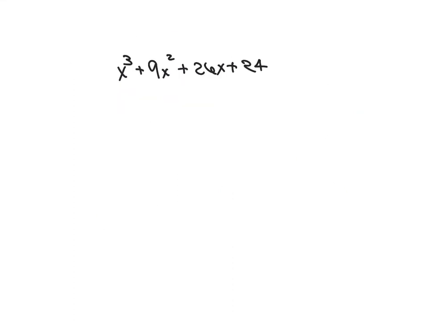Okay, so example 9. The first thing you're going to do is make sure you go 3, 2, 1, 0. If you don't, you're going to fill in the blank space with a 0x to whatever exponent is on it. So just something to remember. What they're asking is whether x plus 2 is a factor of this.